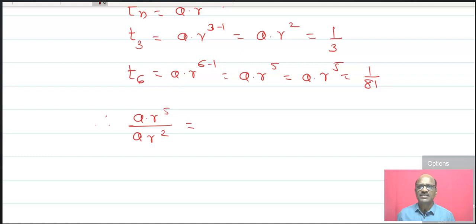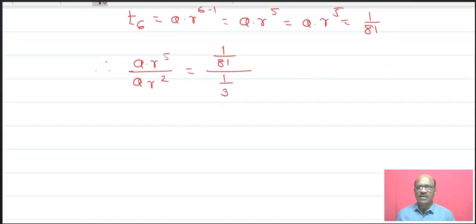Now we have two values: AR square is equal to 1 upon 3 and A into R raised to 5 is equal to 1 upon 81. Now we'll take the ratio of these two values, that is A into R raised to 5 upon AR square is equal to 1 upon 81 upon 1 upon 3.